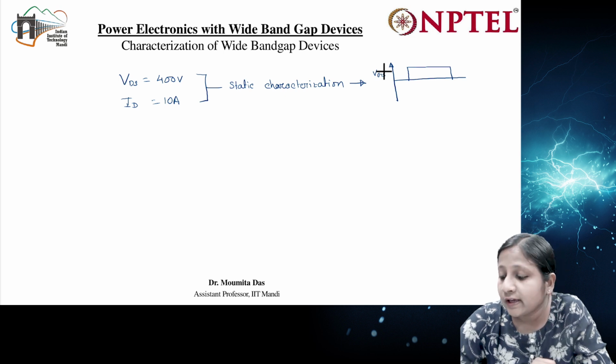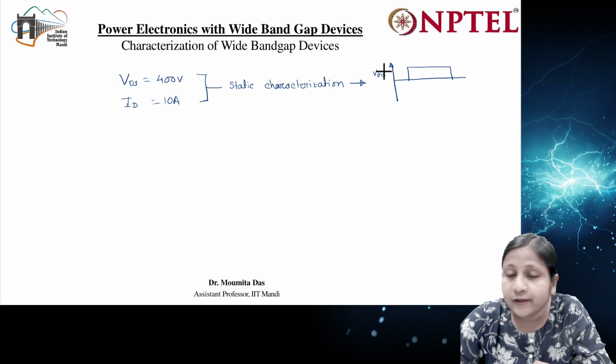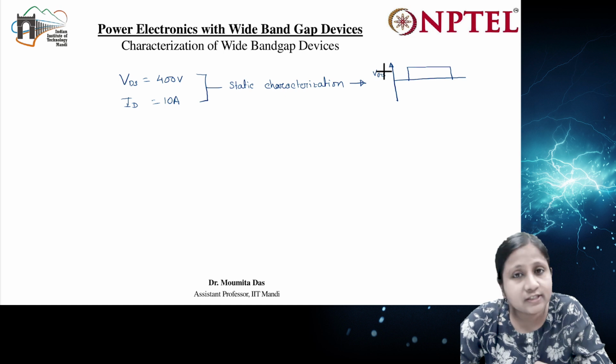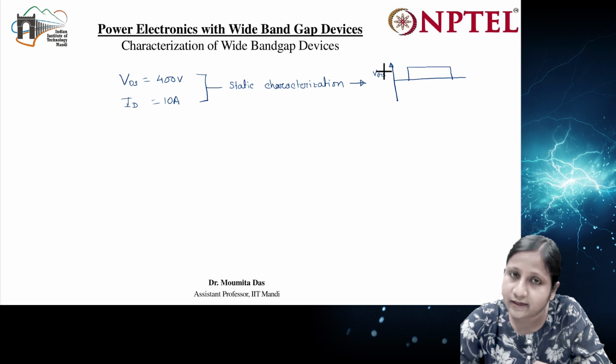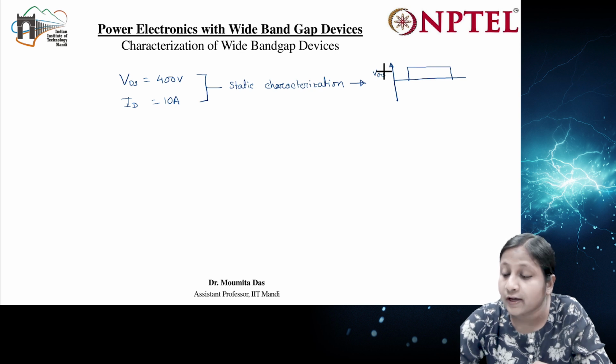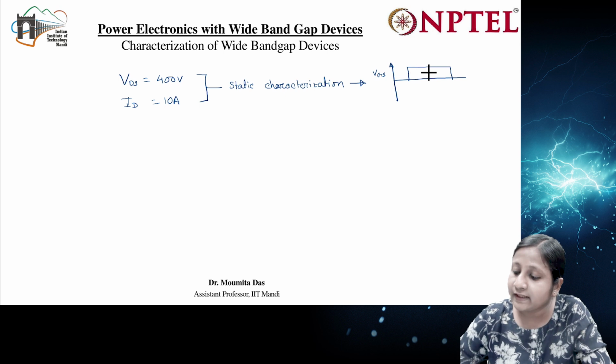If we keep the width of this gate pulse very small, then probably the device will not reach steady state. Then we may not have the actual information of VDS and ID, so it will be difficult to find out the maximum rating of the device.